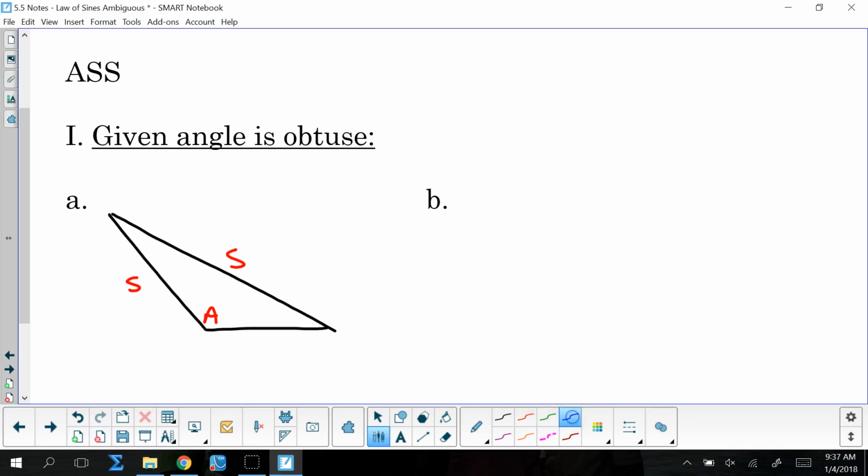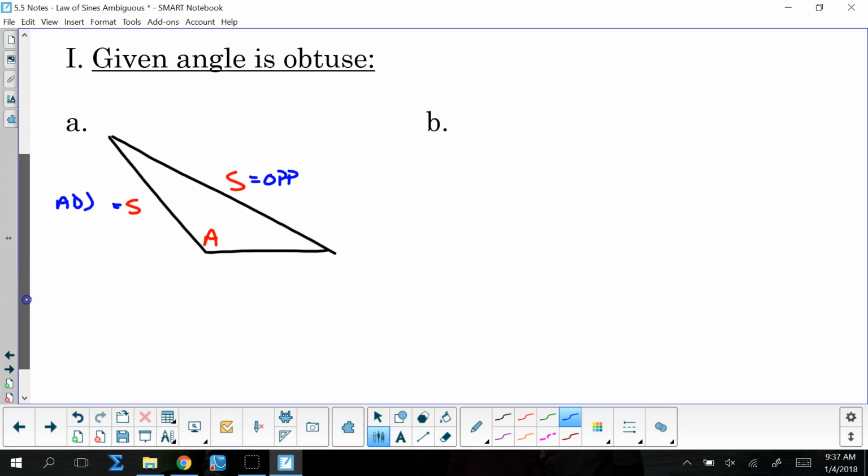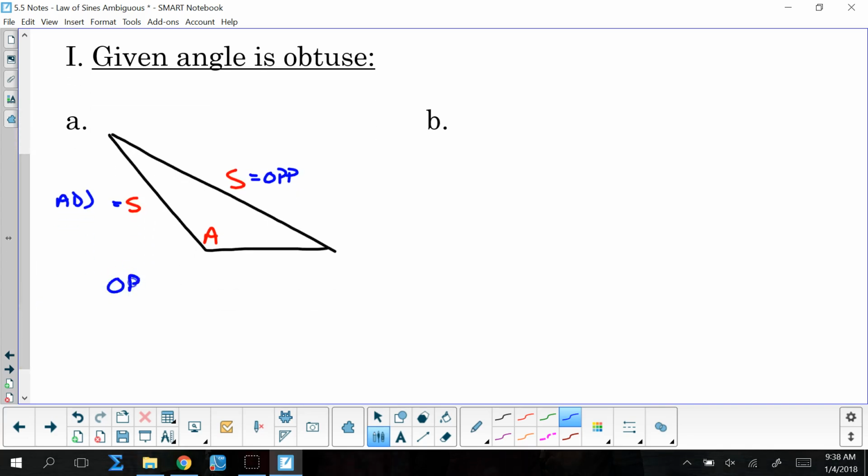This one we will call the opposite side, and this one we will call the adjacent side. So if my opposite side is greater than my adjacent side, and my angle is obtuse, I get one triangle.